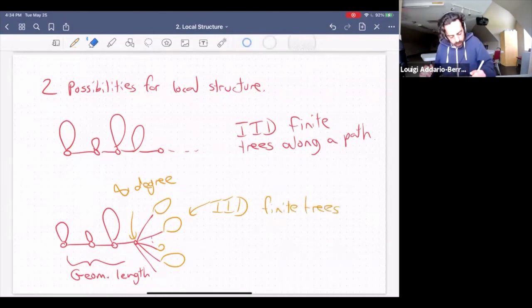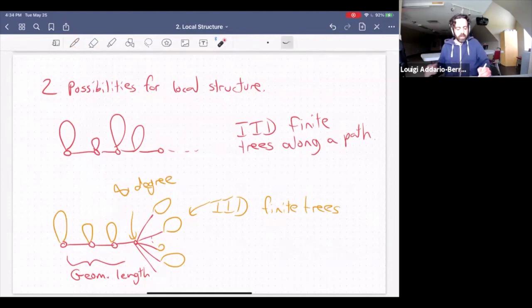Okay, so all of these trees, both along the path and at the explosion at the end, all have the same distribution.